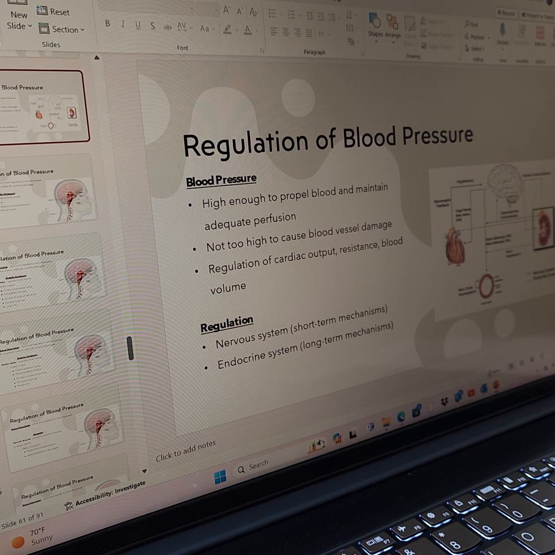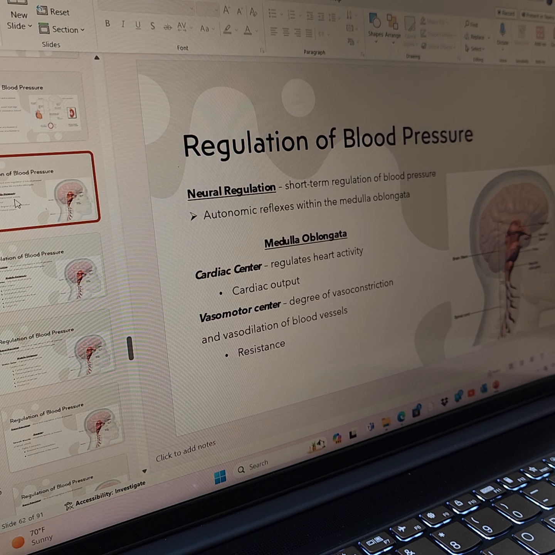So now we're going through the regulation of blood pressure. Blood pressure must be high enough to propel blood and maintain adequate perfusion, but not so high as to cause blood vessel damage, regulating cardiac output, resistance, and blood volume. The nervous system handles short-term mechanisms, and the endocrine system the long-term mechanisms.